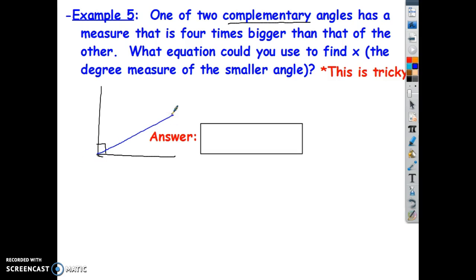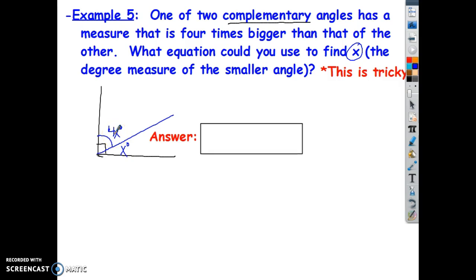And we said that this angle is 4 times larger than this angle. Well, we don't exactly know the measure, so we can use x, the degree measure of the smaller angle. If x represents the smaller angle, then 4x degrees is going to represent the larger angle because the larger angle is 4 times larger.